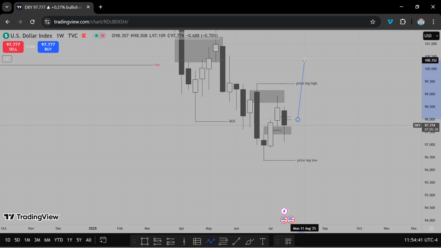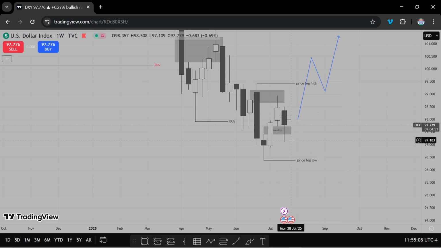But for now we can take somewhat bullish buys, because we are somewhat respecting the weekly fair value gap. We are not going all out, but we can capitalize on that move. So we are saying that our bias on DXY is bullish, as of this week.